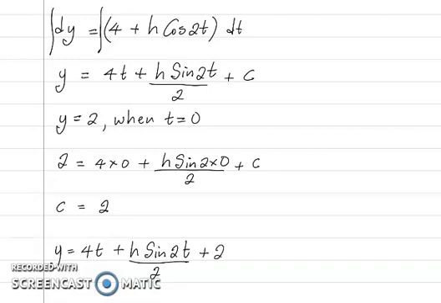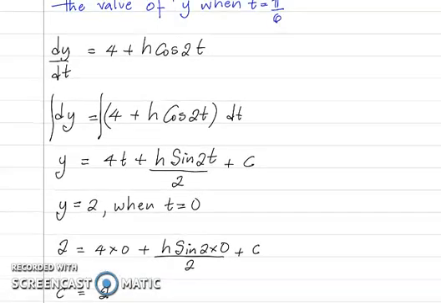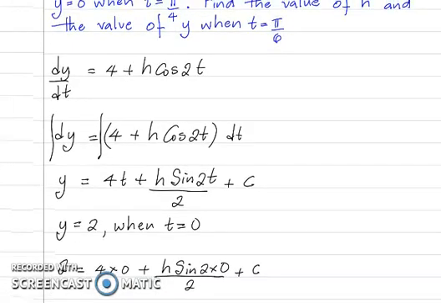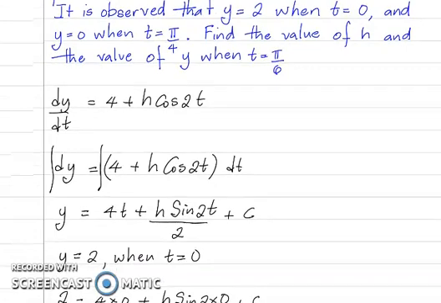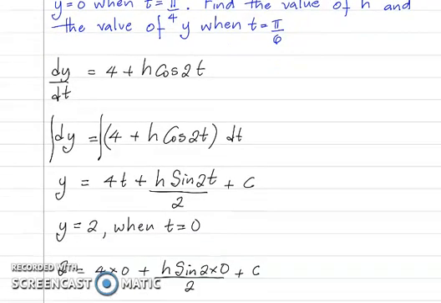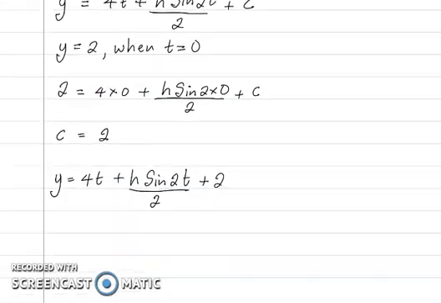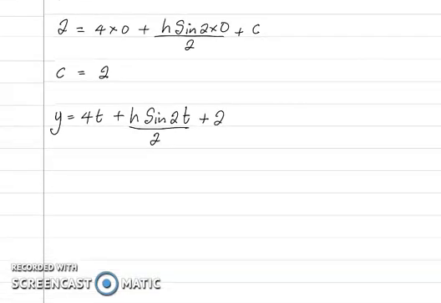All right, then we can apply the next boundary condition, which says that y is 0 when t is pi by 4. So y is equal to 0 when t is equal to pi by 4.